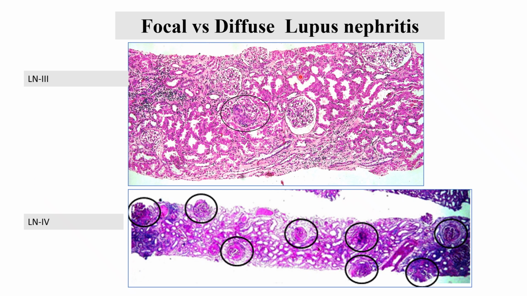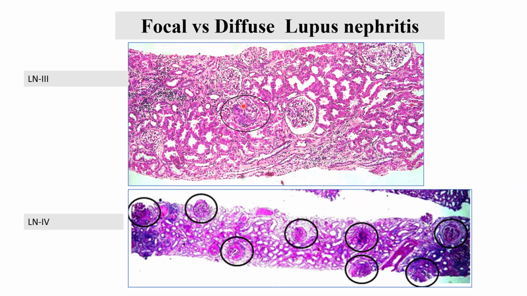So, we can see here glomeruli 1, 2, 3, 4, 5, 6. Out of 6 glomeruli, only one is showing mesangial hypercellularity.